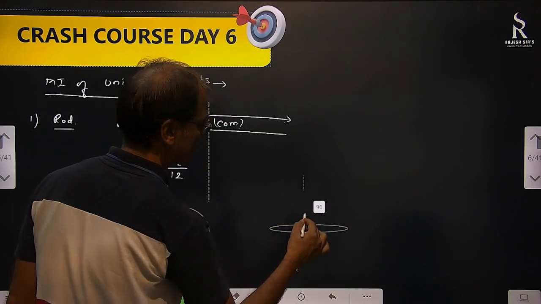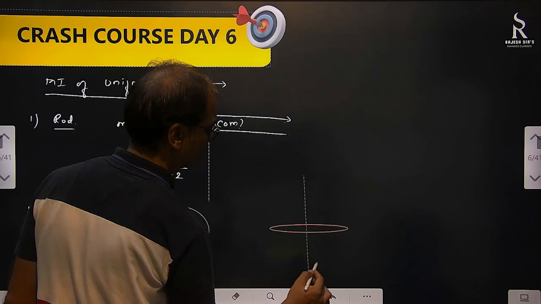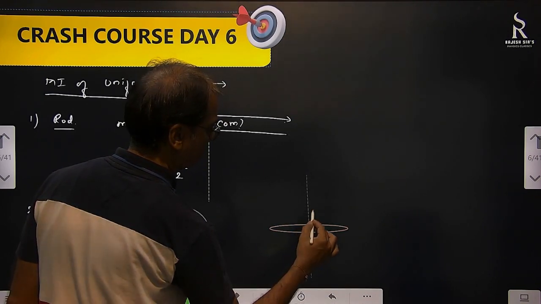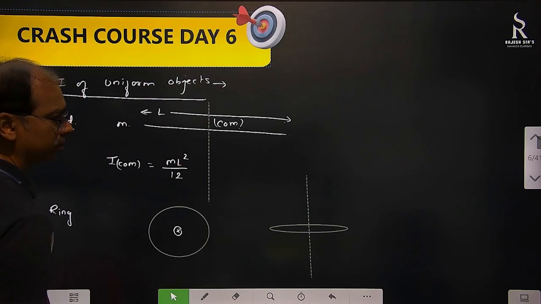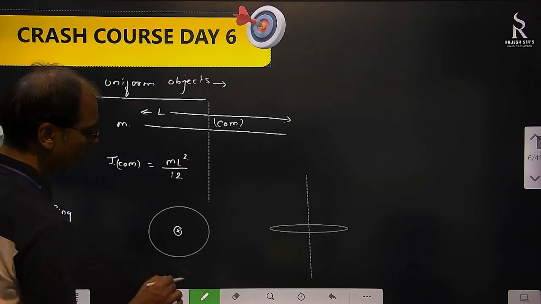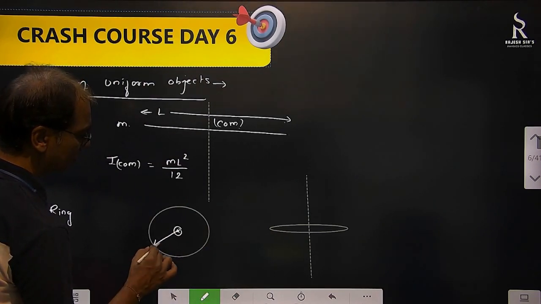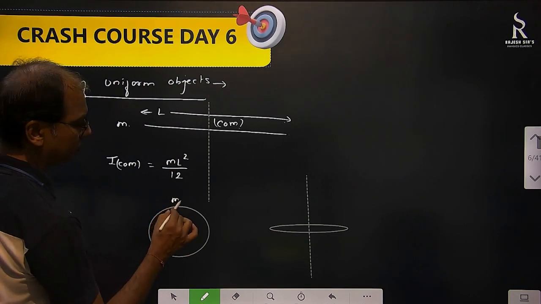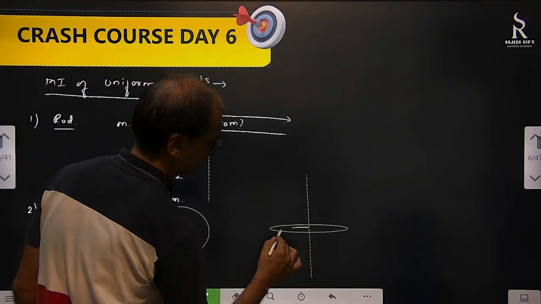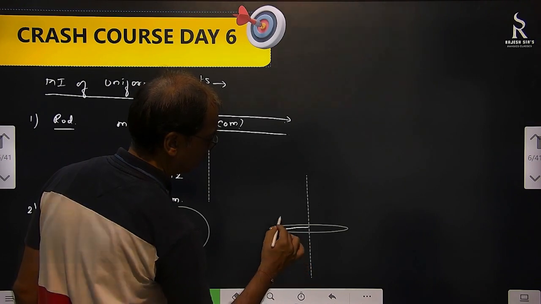This is the axis, passing through center and perpendicular to plane. This and this are same. Okay. As this has radius r and mass m. Same thing here, radius r and mass m.